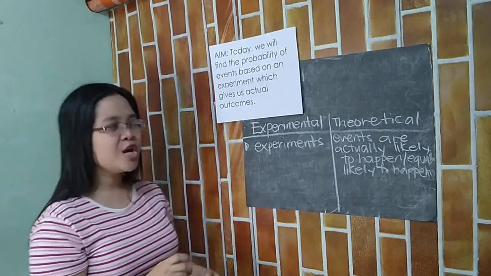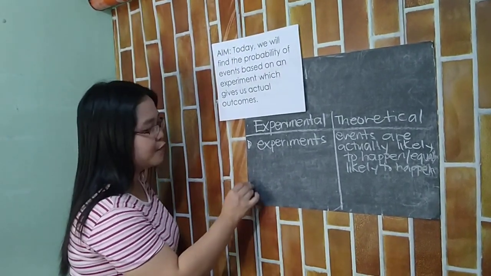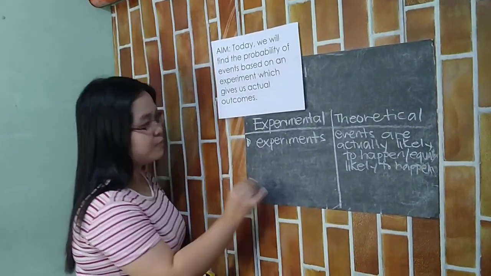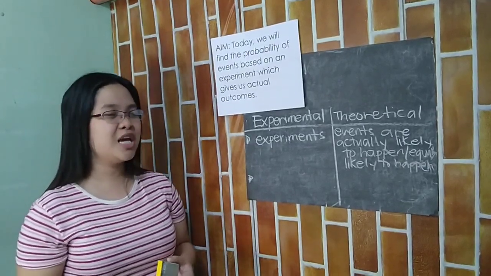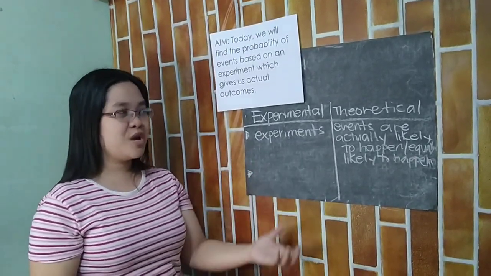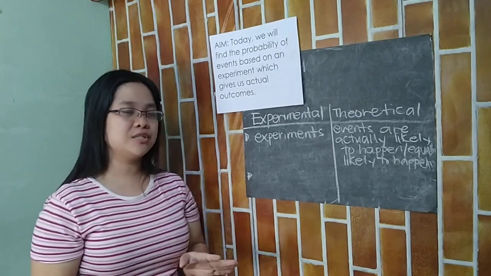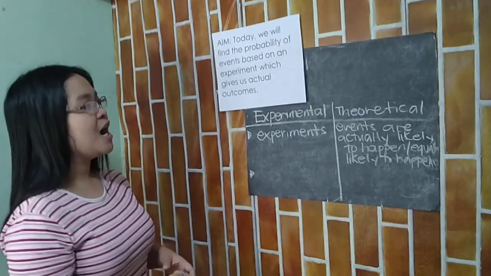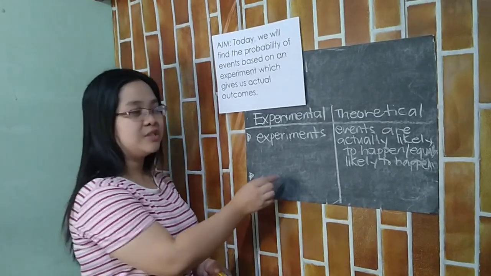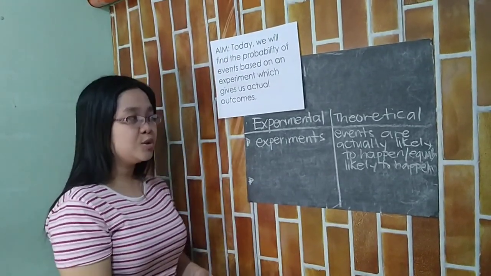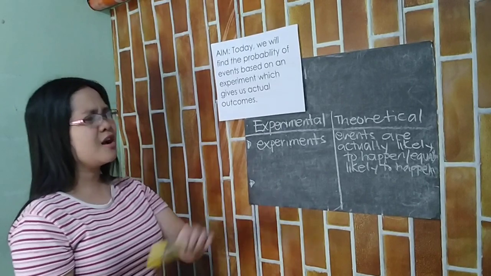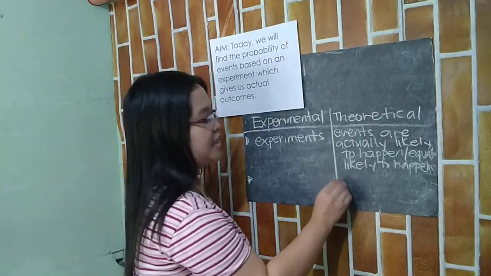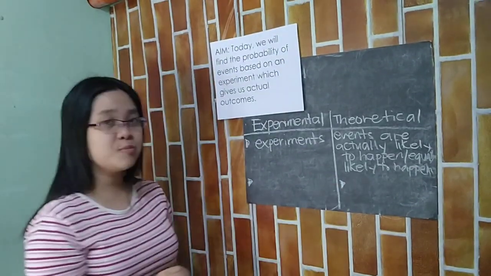Is that clear? Another difference of these two kinds of probability is the formula that we can use in expressing this in numbers. Okay? Although both of them are in fraction form, we have to follow different formulas for the two kinds of probability. Let's start off first with theoretical probability. What's the formula behind that?